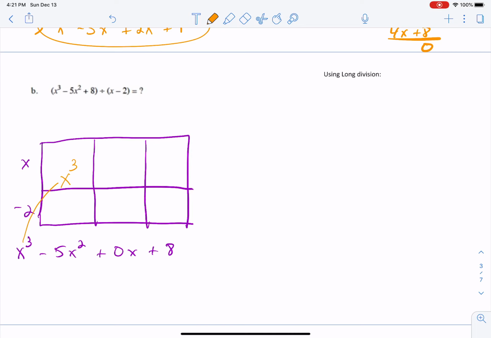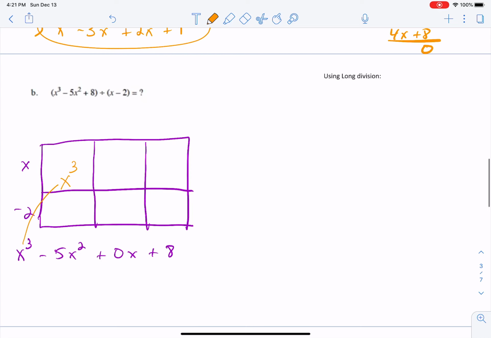Starting with x cubed in my area model. x squared times x is going to give me the x cubed. Negative 2 times x squared is a negative 2x squared. A negative 3x squared plus negative 2x squared gives me a negative 5x squared. So a negative 3x times x gives me negative 3x squared and a positive 6x.